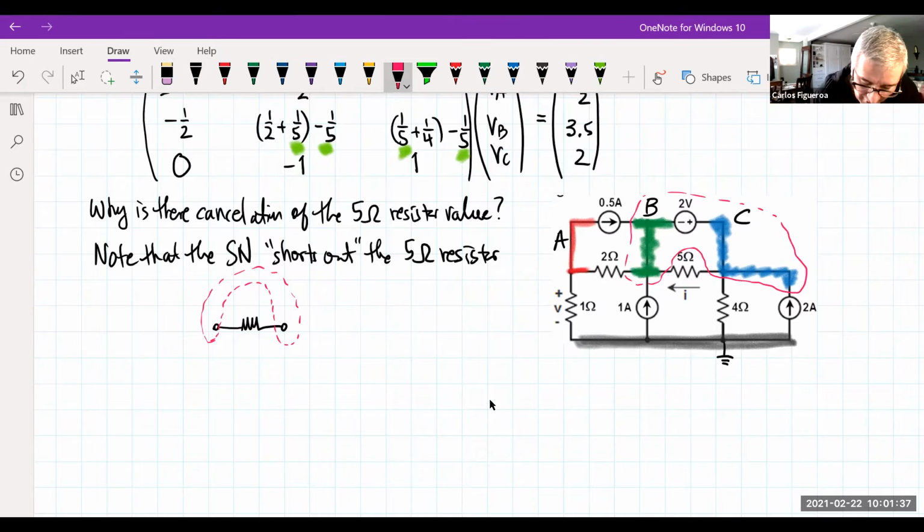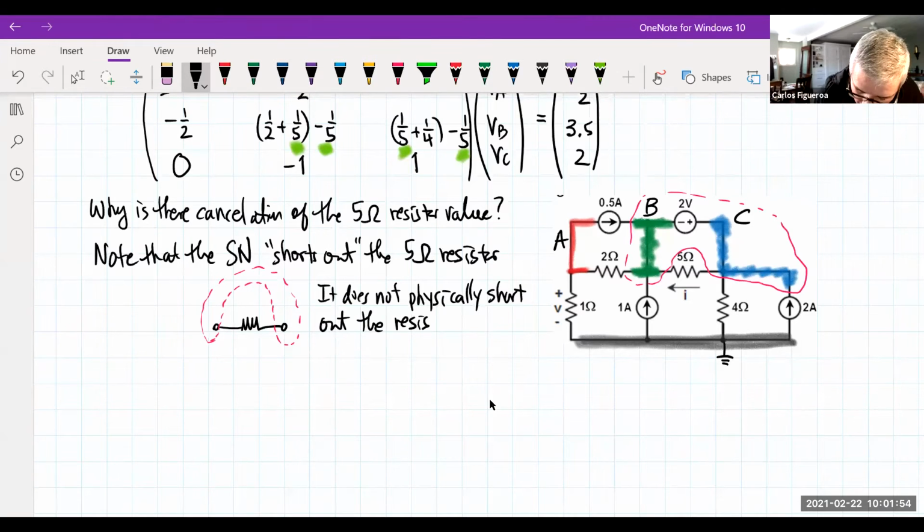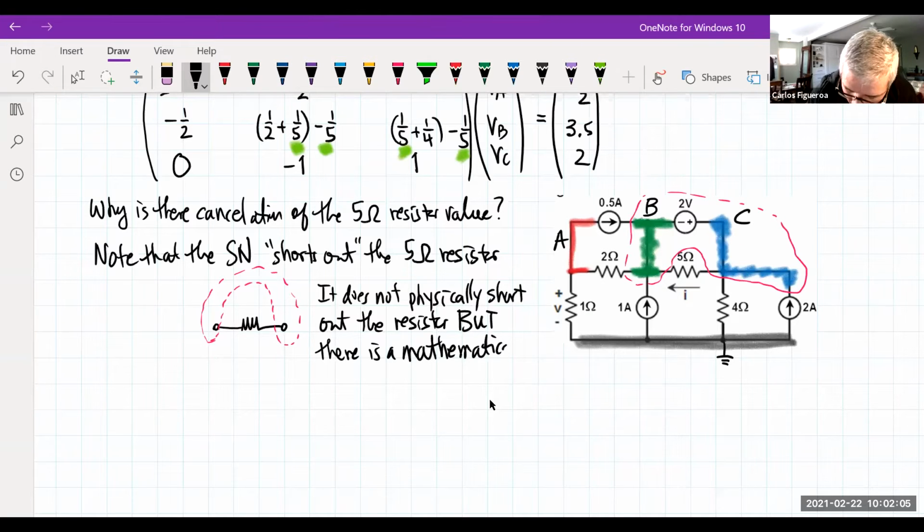So what it does here is that it does not physically short out the resistor, but there is a mathematical cancellation of the 5 ohm in the supernode equation.